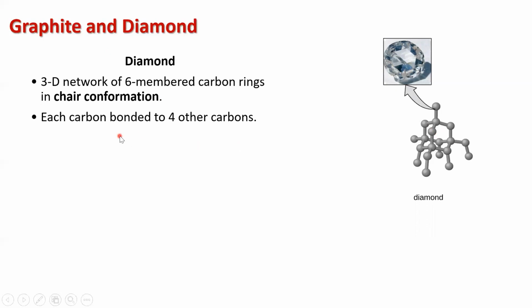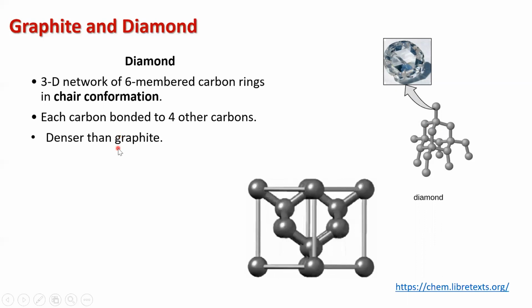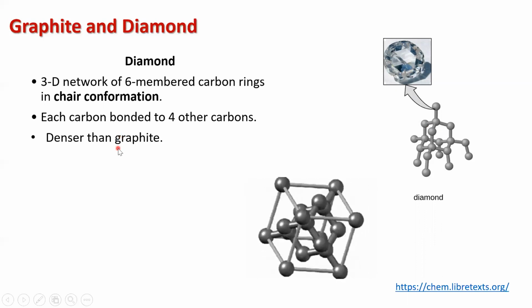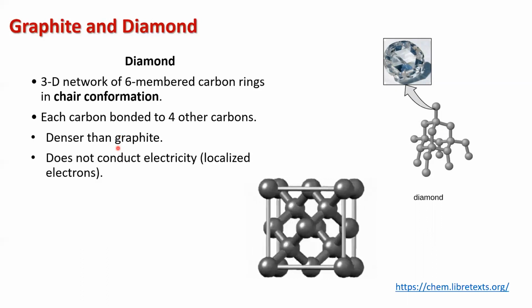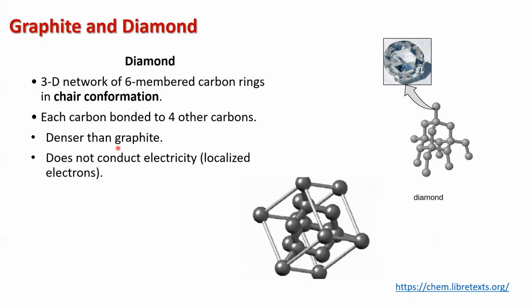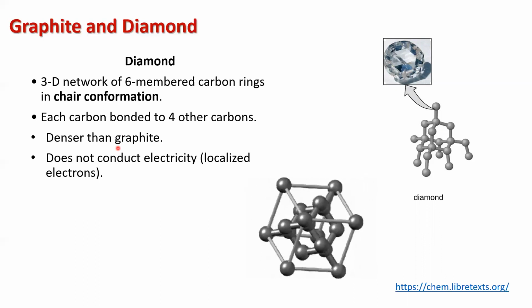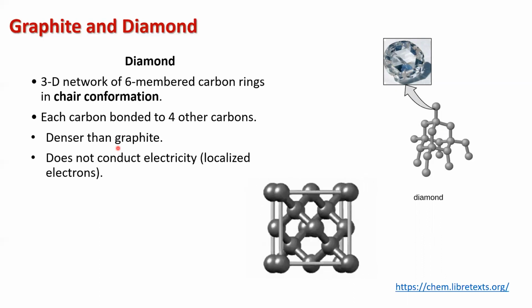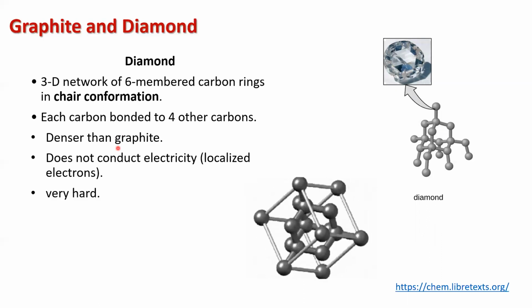Each carbon is bonded to 4 other carbons. It's denser than graphite because of the way those carbon atoms are arranged. And it can't conduct an electric current because the electrons are localized, or they're kind of assigned to specific atoms, and they can't flow through the substance.